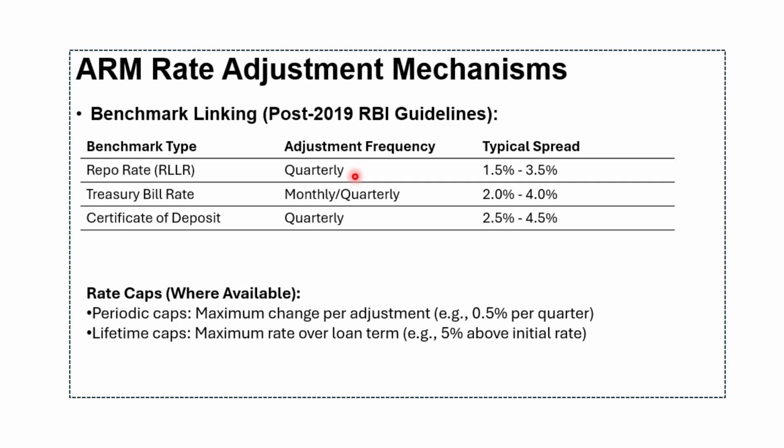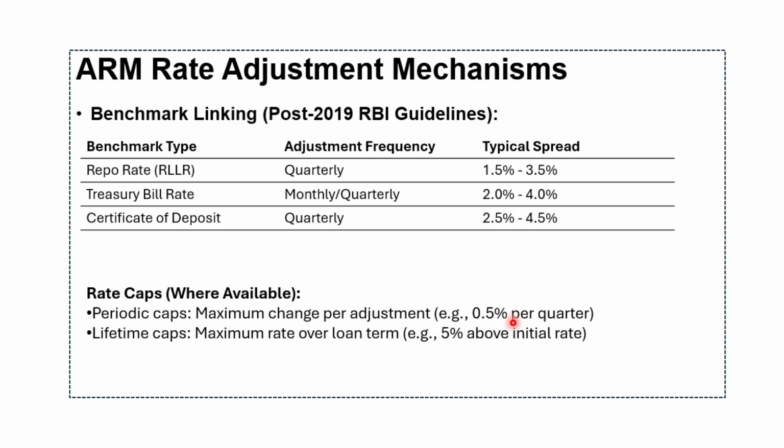And then we have periodic cap limits, which limit how much the rate can change in a single adjustment. So for example, a 0.5 quarterly cap prevents dramatic payment shocks.